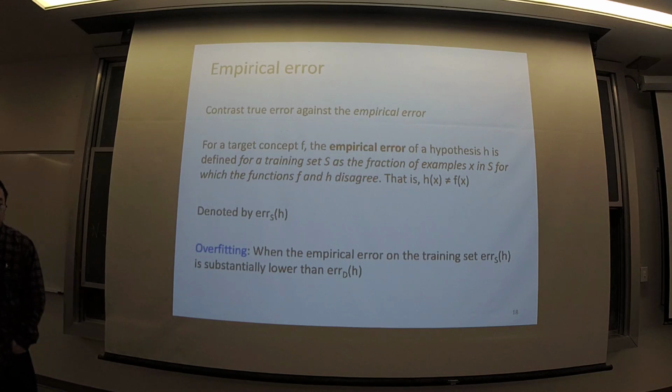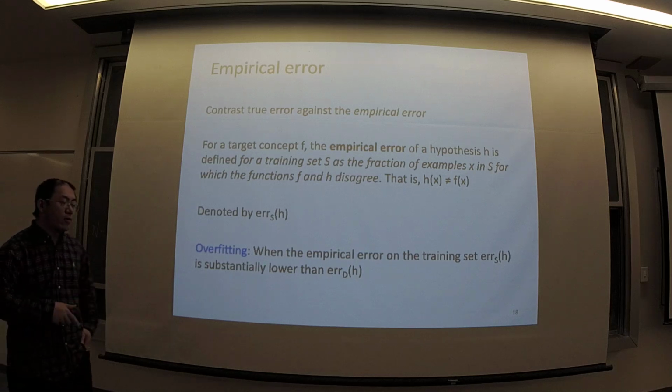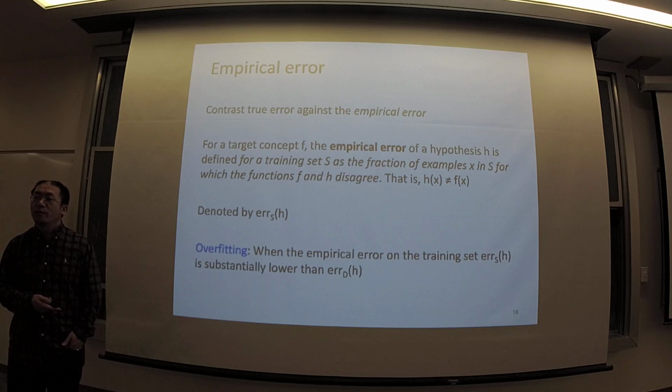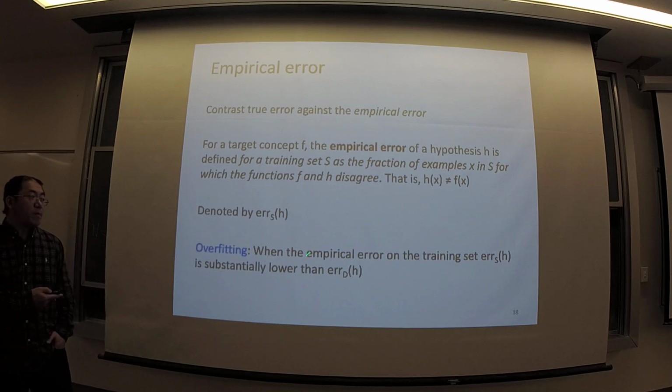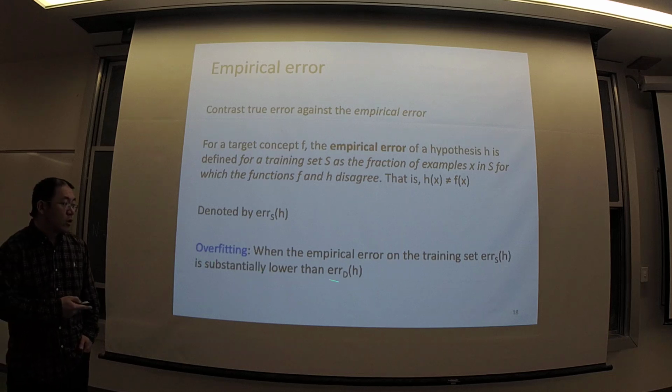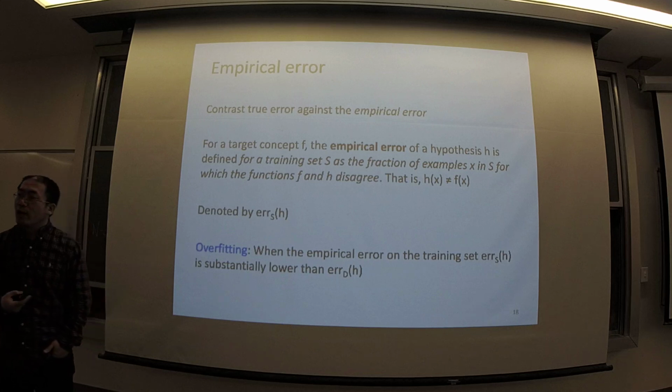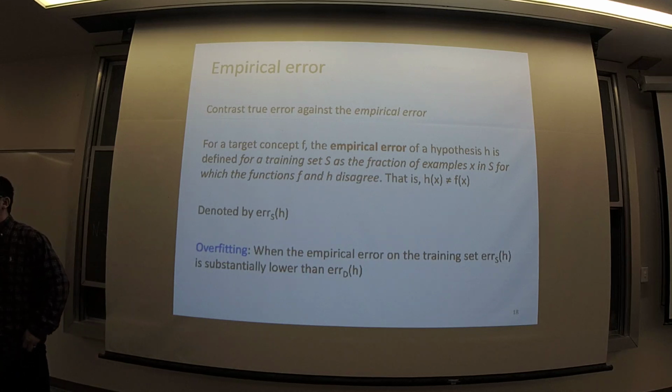With this definition of these two errors, we can give a more formal definition of overfitting. Namely, when the empirical error is substantially lower than the true error, then your machine learning algorithm overfits the data.